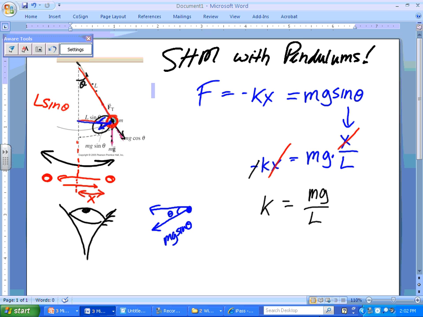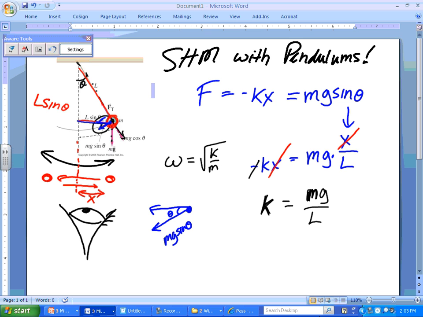Now I know that in a simple harmonic oscillator, for my equation for angular frequency of a spring system, I have angular frequency is equal to the square root of k over m. Now I see those two variables here, k and m, here they are. Now if I can get that same format, k over m square root, then I have the same sort of expression for angular frequency.